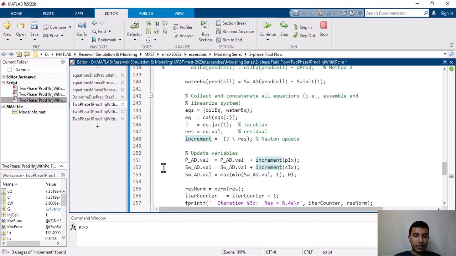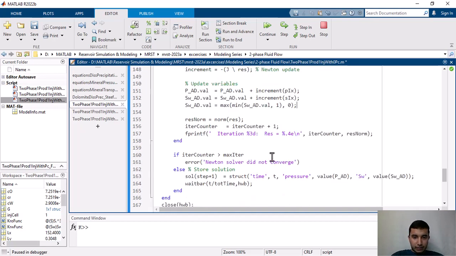All right, and we use these updated values for the next iteration if the problem is not converged yet. All right, that's a very important point.